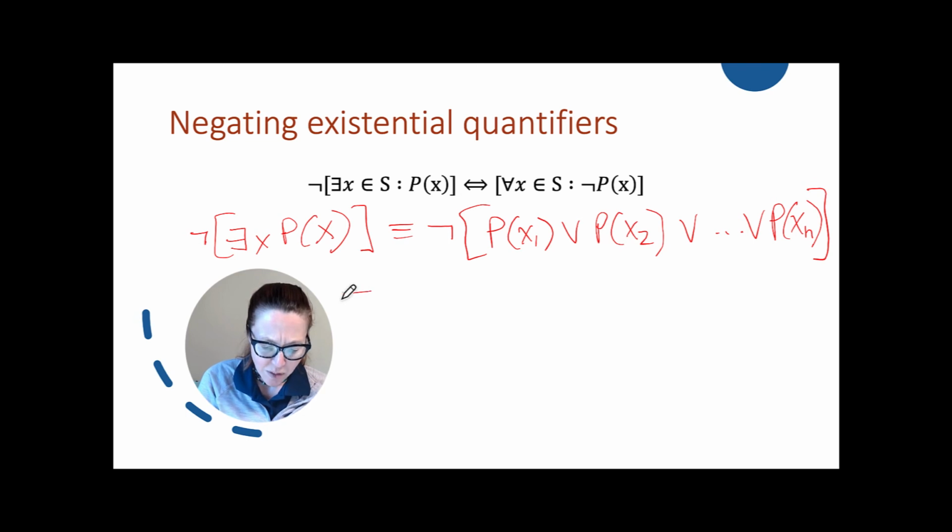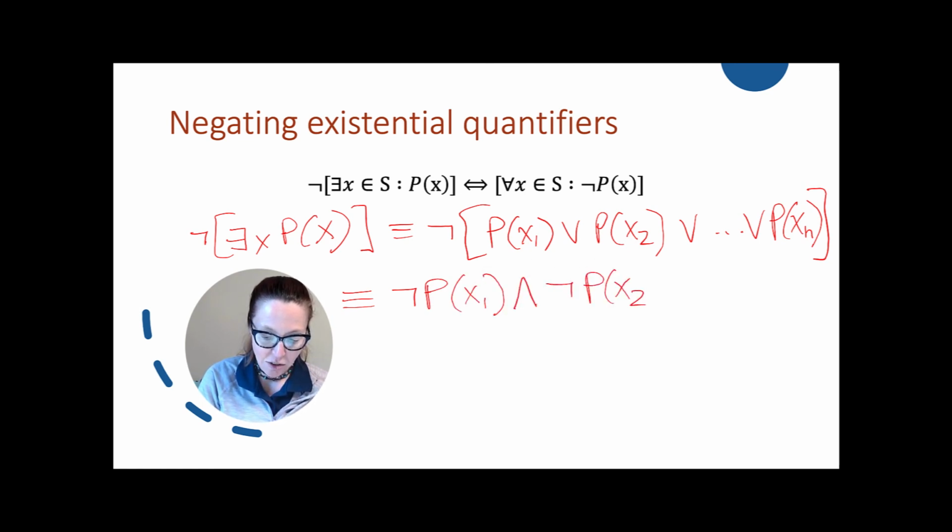And we know from De Morgan's laws we can also bring that negative throughout and flip the disjunction to conjunction, or the or to the and. This becomes negative p of x1 and negative p of x2 and negative p of xn.